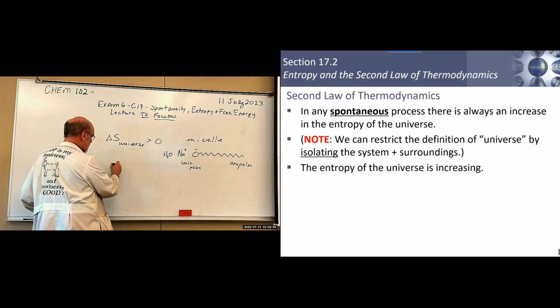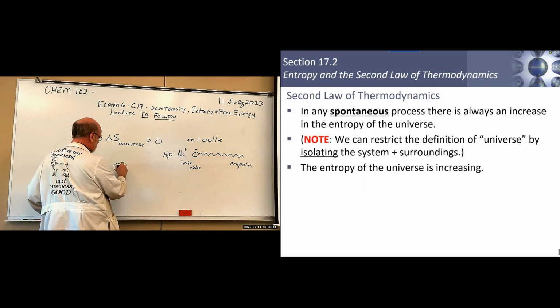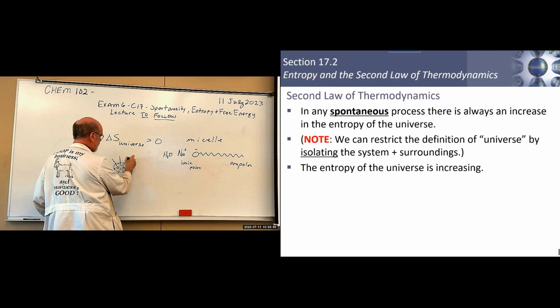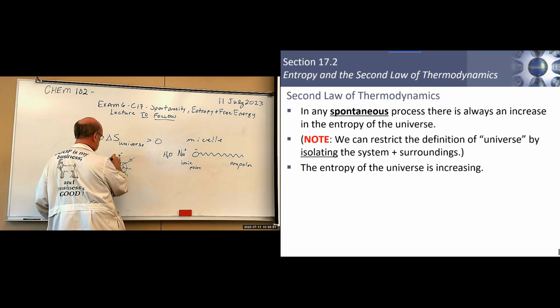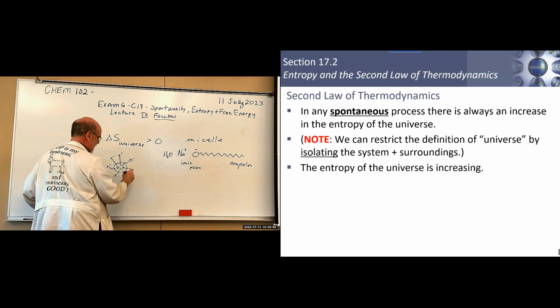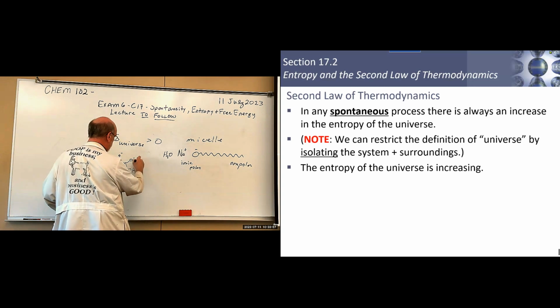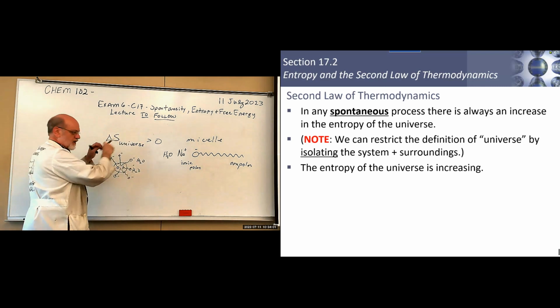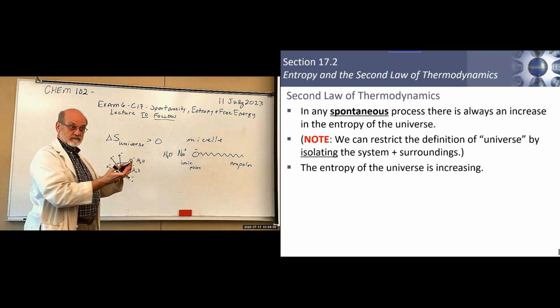In other words, you've got a drop of oil here, and you've got these molecules like that with their polar ends, and they associate with water like that. And it forms this ordered structure.